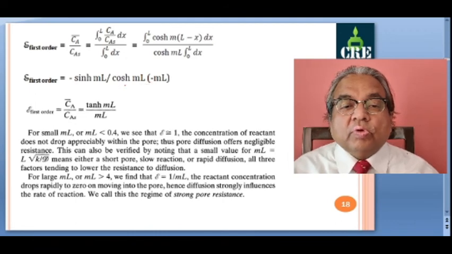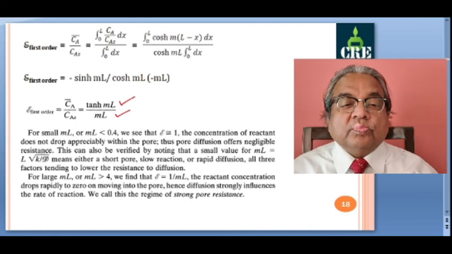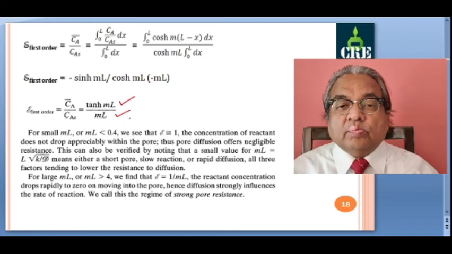So what we have? Sine hyperbolic mL by cos hyperbolic mL is tan hyperbolic mL, and this minus sign goes with this minus sign, so divided by mL. So for first order effectiveness factor, Ca bar by Cas is tan hyperbolic mL by mL.